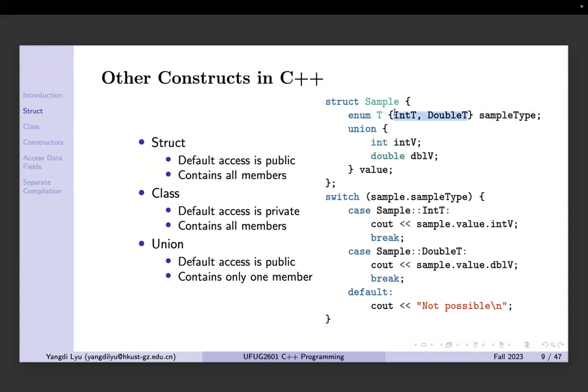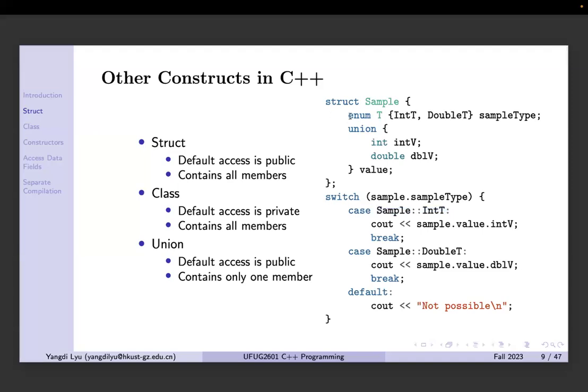It could be A and B, right? It could be anything. And when you are trying to use it, typically people use an enum so that you can specify what is the type. And based on the type, if it's this enum, you output the integer. If it's this enum, you output this double, right? This is the old way people typically use it. Just knowing this one is enough for unions.